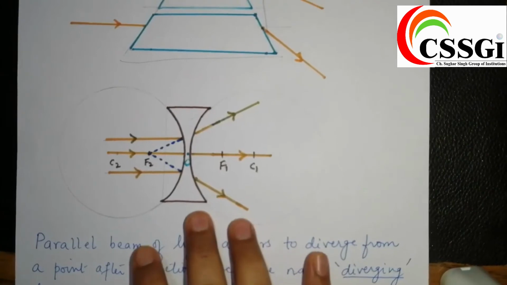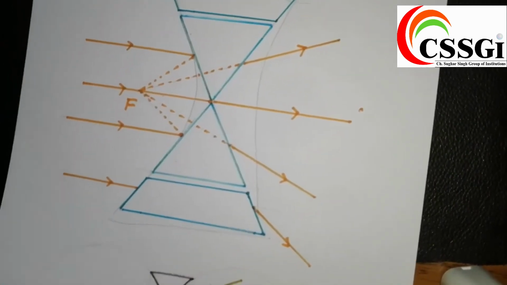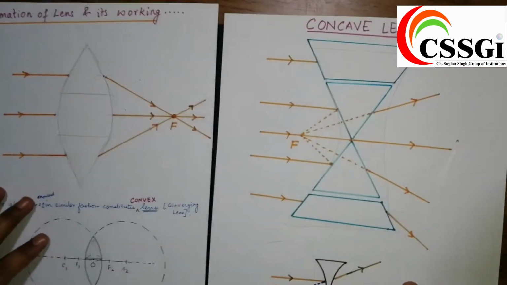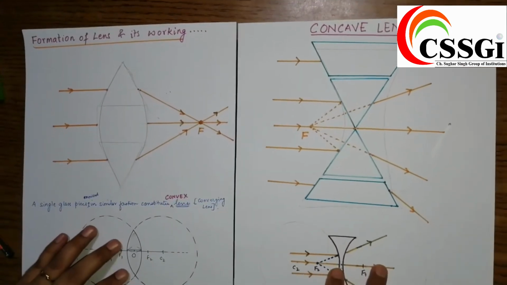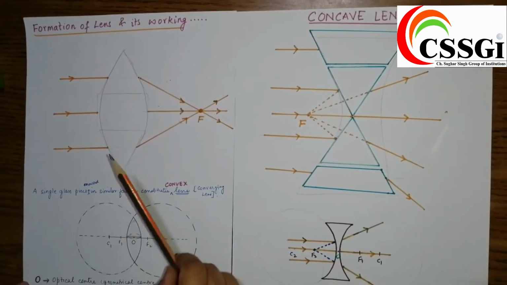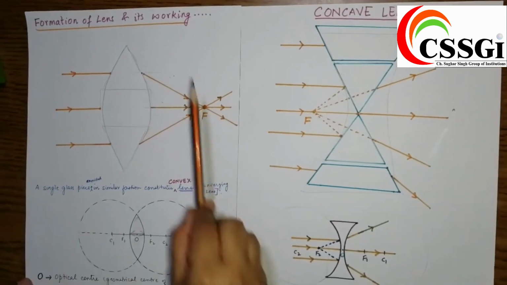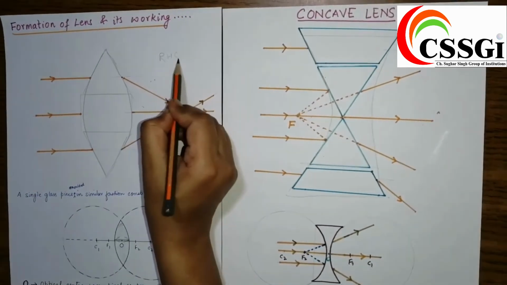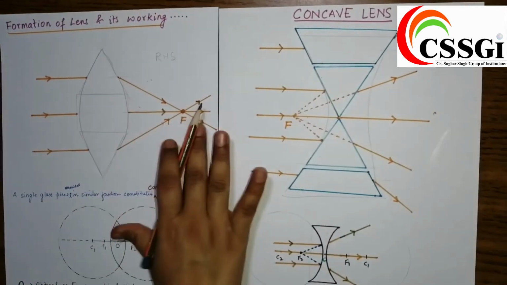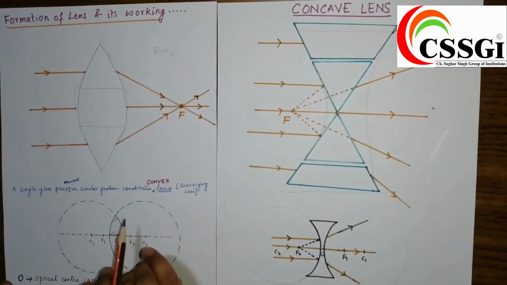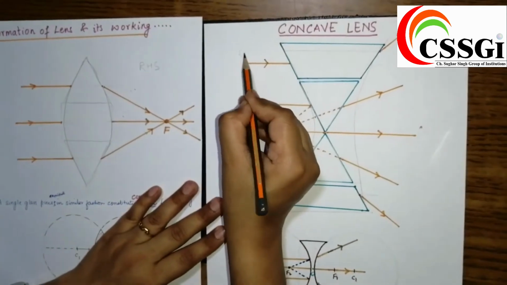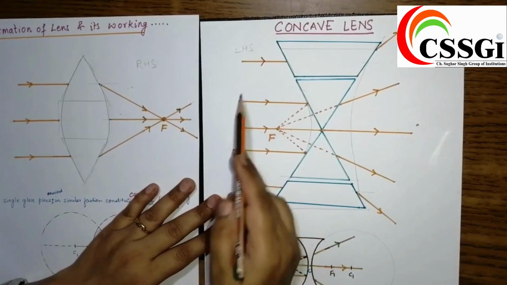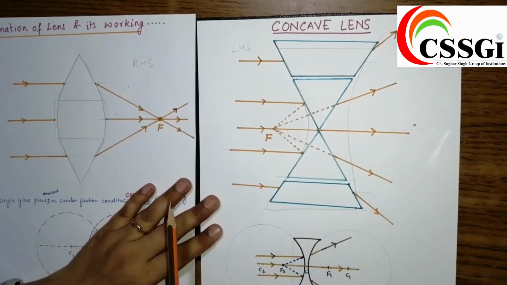Now we are familiar with the structure of convex lens and concave lens. I want you to bring your notice that now you can see here, are you able to see these two figures? Now see, here the focus is lying on the right hand side, and we know that the right hand side is the positive side, and here the principal focus is lying towards the left hand side, and we know that this left hand side is the negative side.